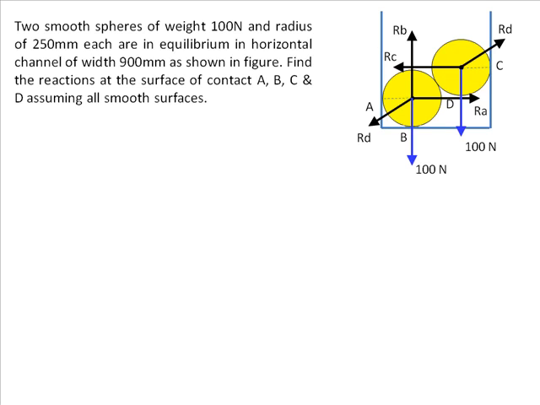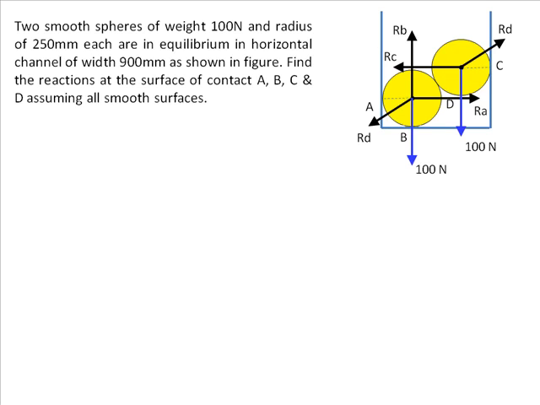And therefore, the normal reaction will be normal to this tangent, that is, along the radius. Therefore, we know that the Rds are along the line joining the two centers, because only then can they be along the radius of both the cylinders. Therefore, I am sure of the direction of Rd.